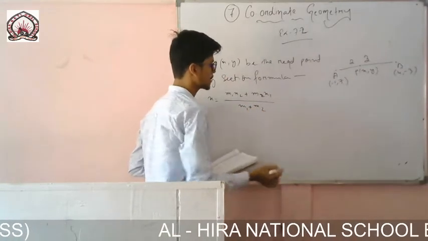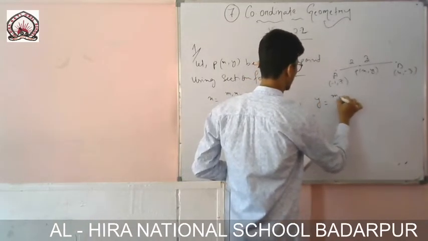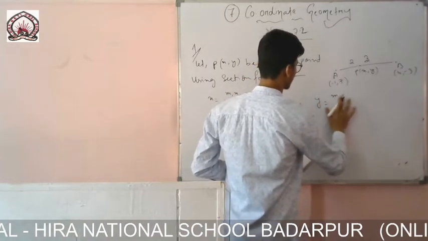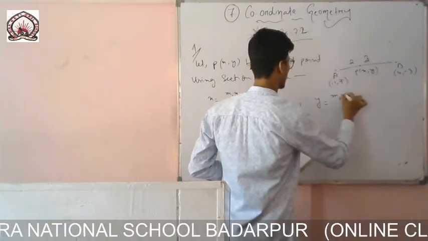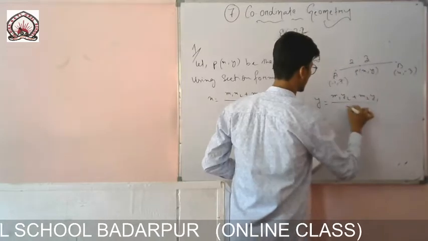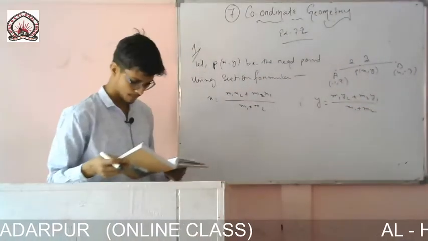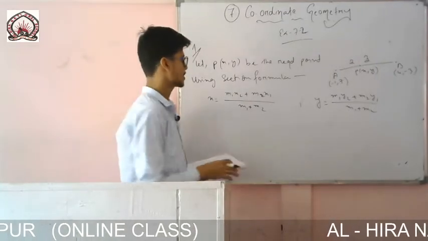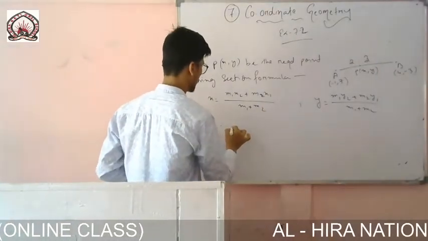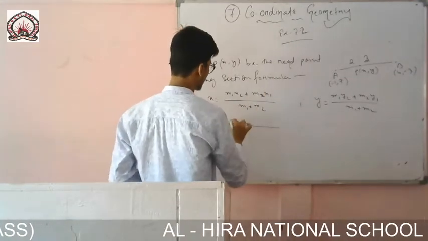And for the y coordinate the formula is (m1 y2 plus m2 y1) divided by (m1 plus m2). Now we'll put the values and find the answer. First, what is the value of m1? It is 2.